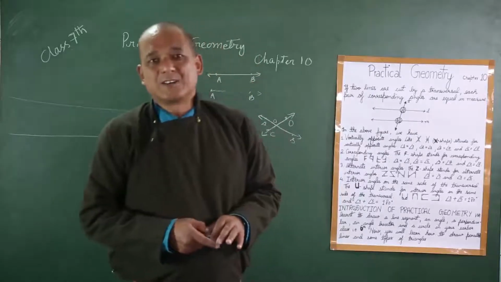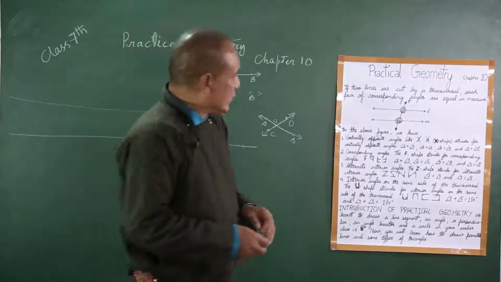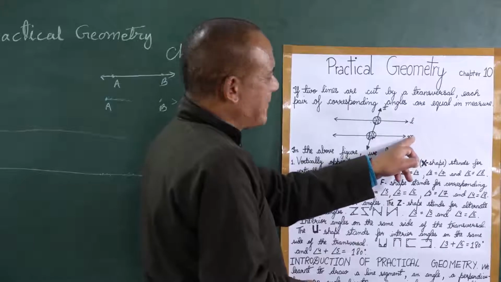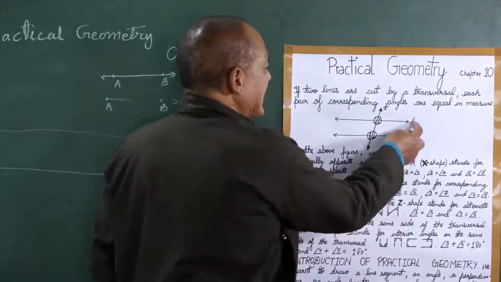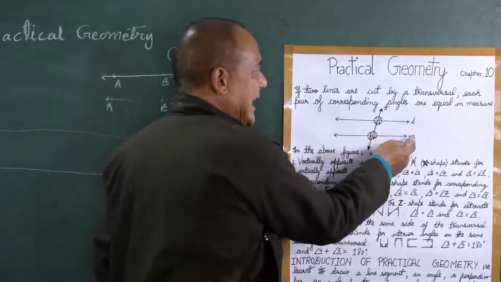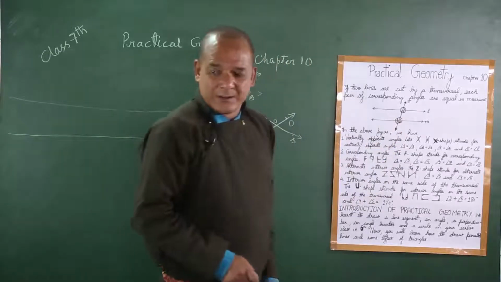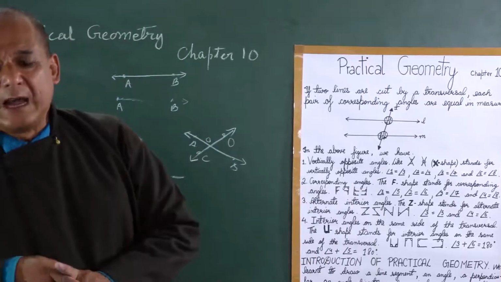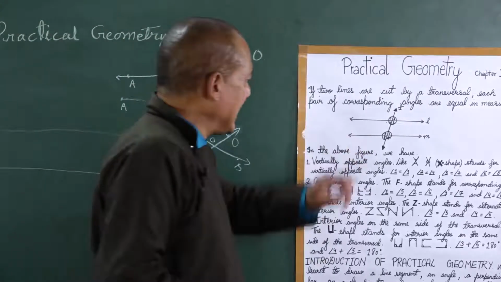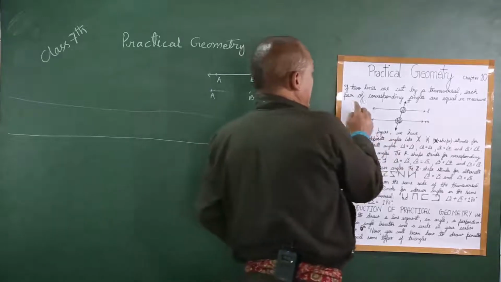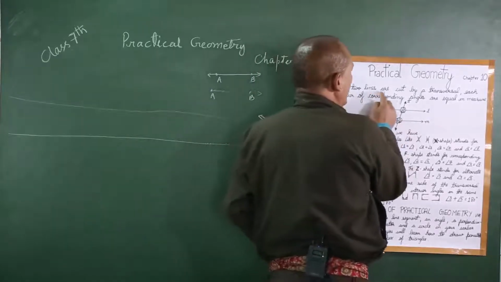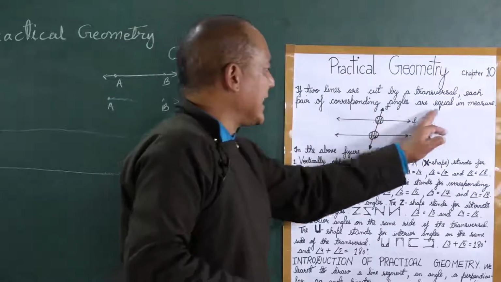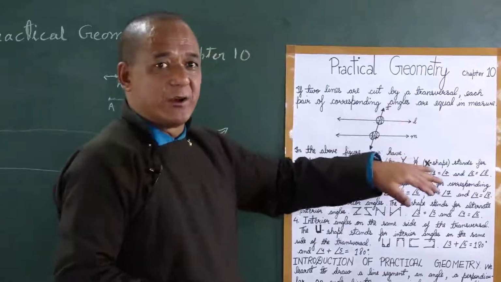For example, this T is a transversal because it cuts L and M. But L also cuts T, and M also cuts T. So they cut each other. That is why we call it intersect. So you have a rough idea: if two lines are cut by a transversal, each pair of corresponding angles is equal.